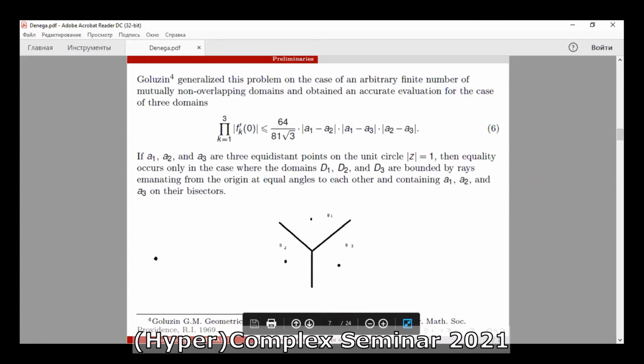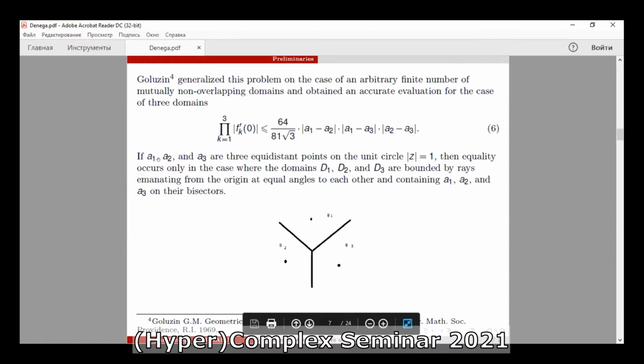Goluzin, in his monograph in 1969, generalized the Lavrentiev theorem to the case of an arbitrary finite number of mutually non-overlapping domains and obtained an accurate evaluation for the case of 3 domains. He proved inequality 6.